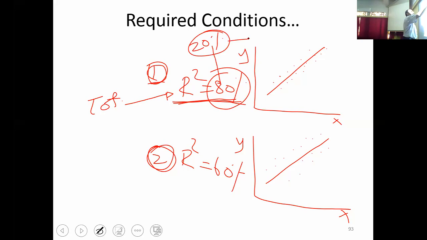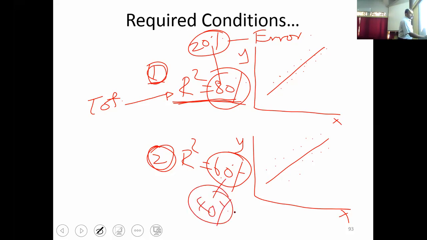This 20% variability we cannot explain, which is called error. In the second model, out of 100% variability, 60% can be explained by the X variable. The rest 40% cannot be explained, which is called error.